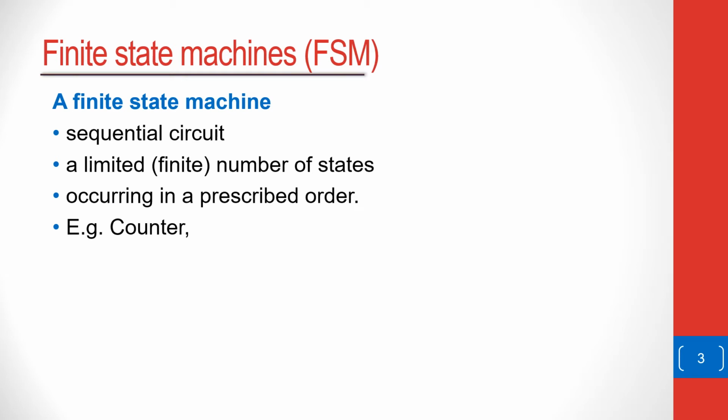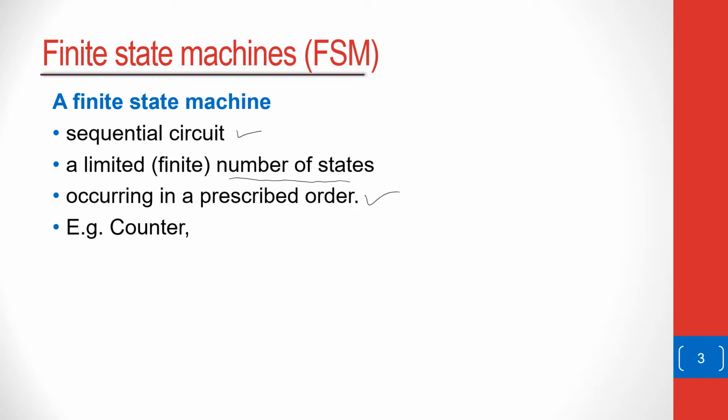Now, the definition of a finite state machine is that it's a sequential circuit, which means it's got memory, which traverses a limited, or finite, number of states, hence the name finite, and these states occur in a prescribed order.